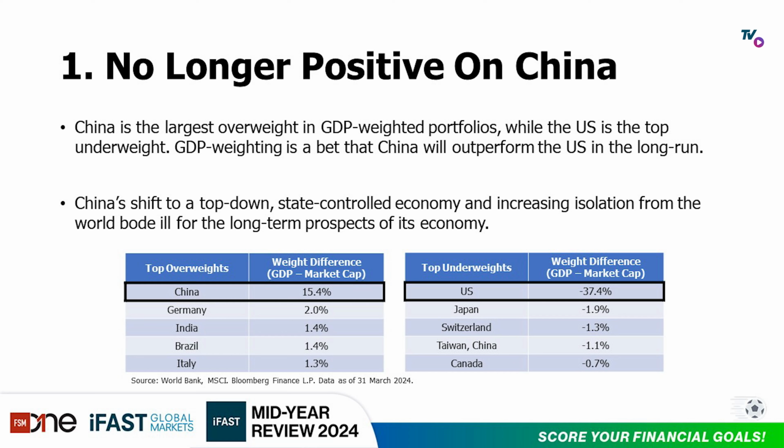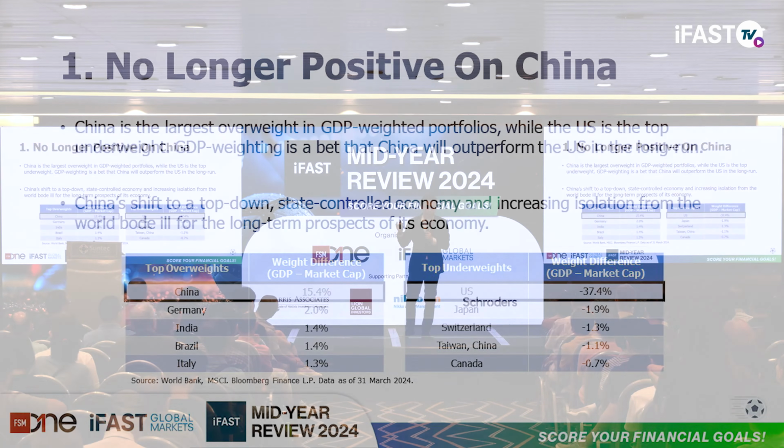If you can recall, in my previous slide, I said that if you do GDP weighting, your allocation to the US is around 25%. Compare this 25% to the global stock benchmark, which is about 60% allocation to the US. So there's a huge difference between your US allocation when you do GDP weighting versus market cap weighting.